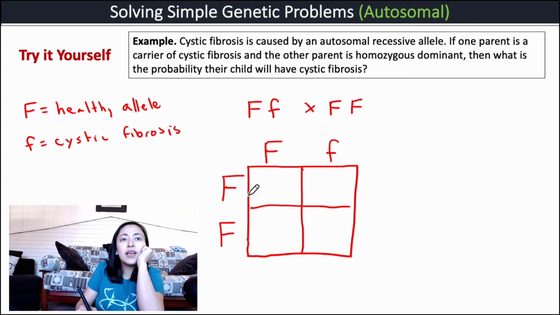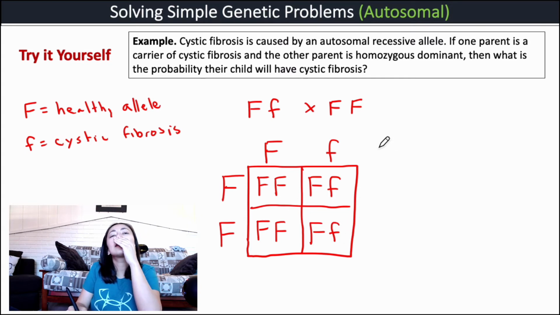And then I combine the different possible gamete combinations in these squares. So this one would be big F, big F. This one would be big F, little f, big F, and big F, little f.